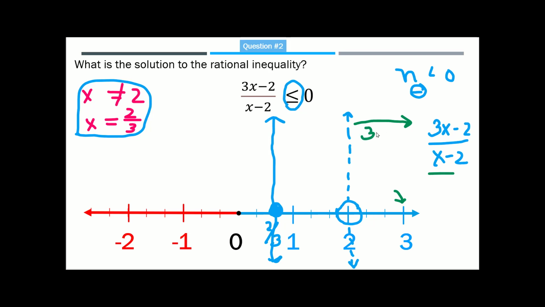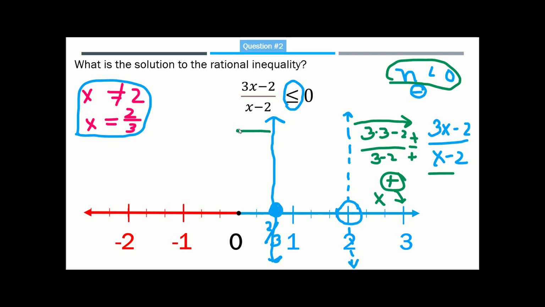So 3 times 3 is 9 minus 2 gives me, if I look at the numerator, a positive number. And the denominator, 3 minus 2, also gives me a positive number. And a positive divided by a positive is a positive. Our solutions need to be less than 0, so I'm looking for a negative answer. So my solutions are not going to appear here.